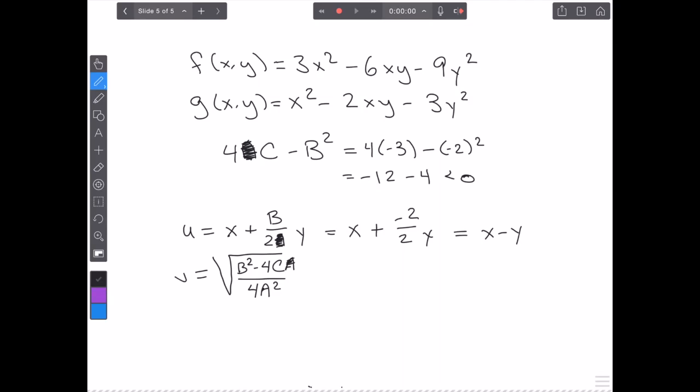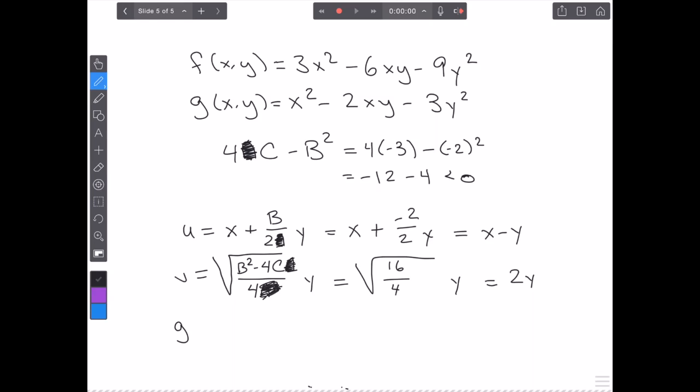So again, we get rid of some of this noise. And all of this is times y. And so we calculated 4c minus b squared as minus 16. So, right, when we just flip the sign of this, we have 16 divided by 4 times y. And you can simplify all of that and see that it equals 2y.